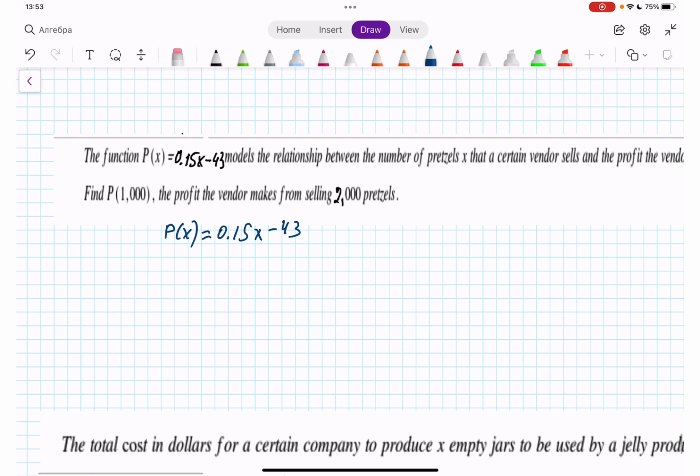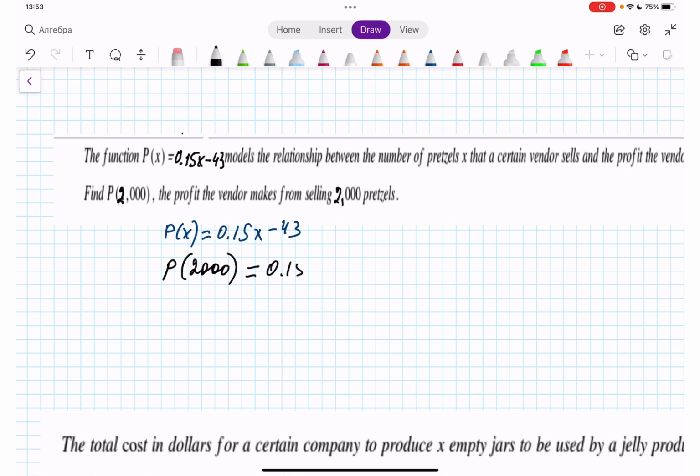So we need to find p of 2000. That is going to be equal to the profit the vendor makes from selling 2000 pretzels. So all we have to do is plug in 2000.